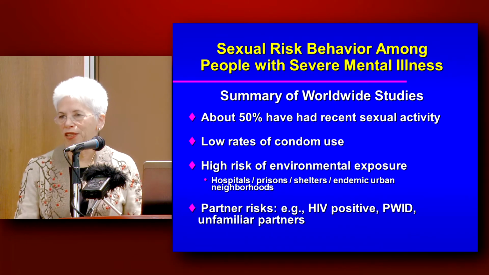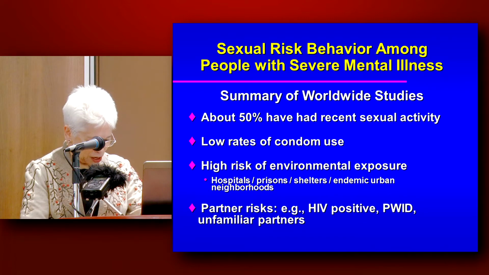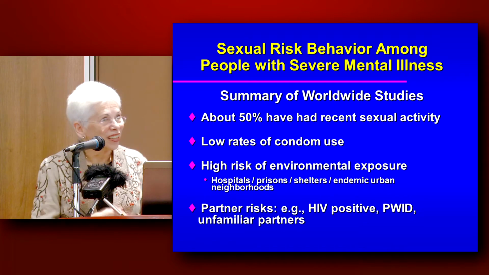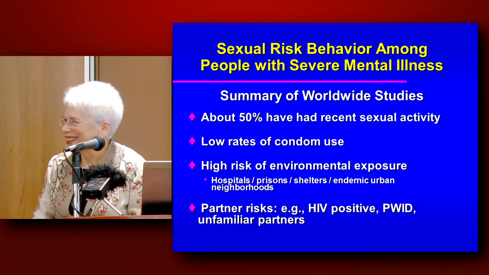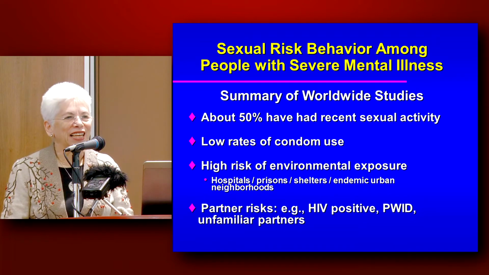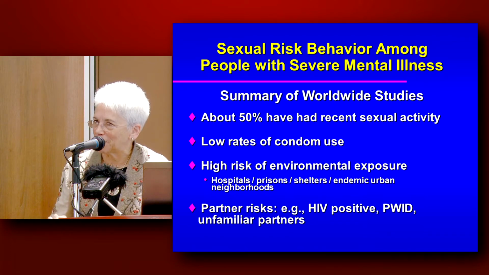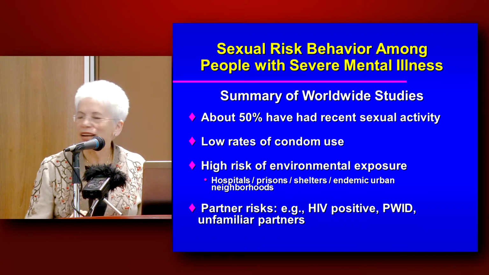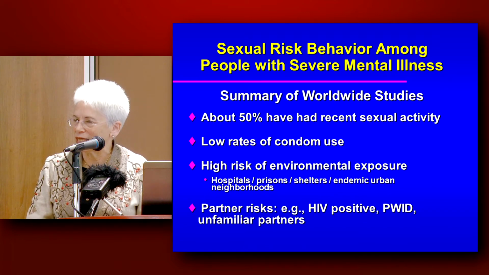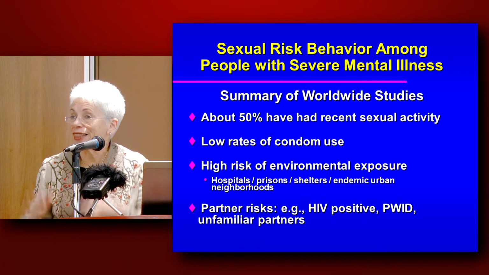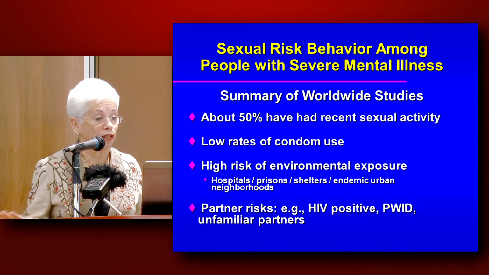Now, when I started doing this work, I was asked, psychiatric patients have sex? People were shocked. Now, it turns out that psychiatric patients have sex, but it's not quite the same as the way the general population looks. So actually, only about half have had recent sex. You do see much higher rates of abstinence. But the sex that they're having is a lot less safe in general.